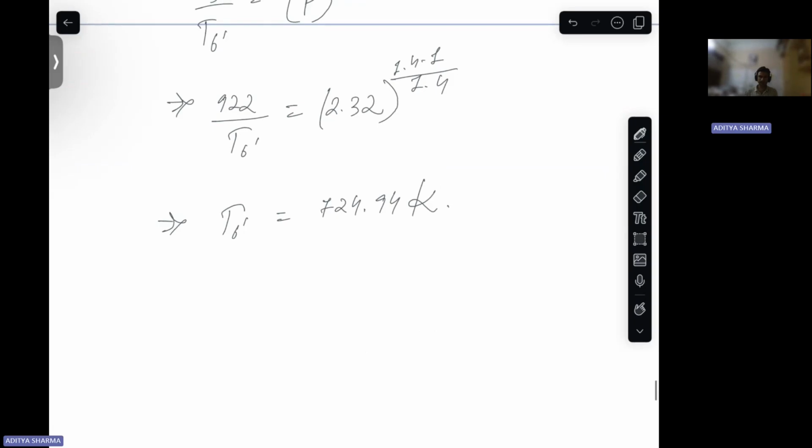Now after this, we need to find out T6, we are concerned with T6.